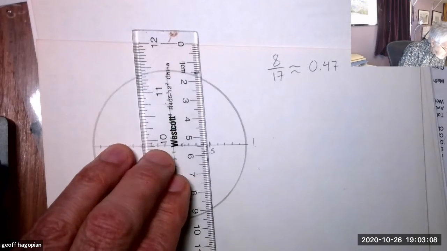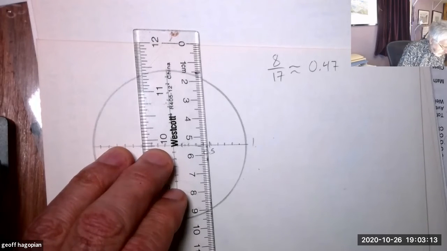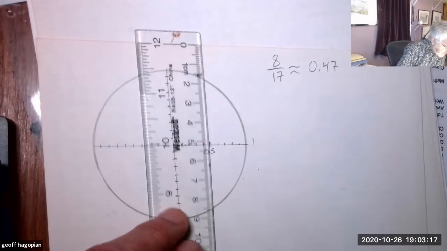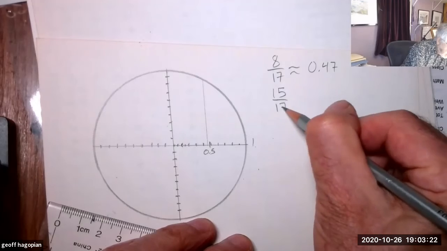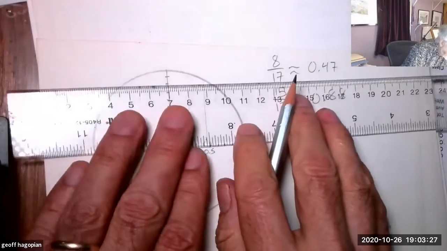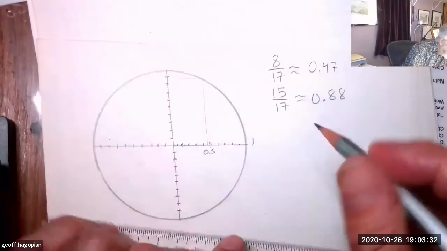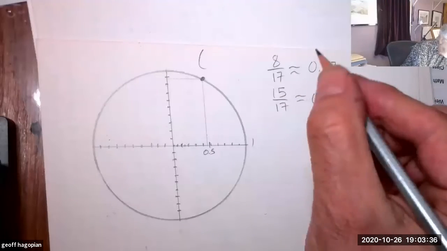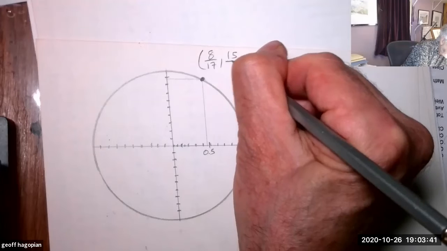If I draw that going straight up from there, I'm going to get to a point there. And 15/17 is about 0.88. And so if I draw this going over, that looks to be pretty convincing, huh? So this is a point on the circle where x is 8/17 and y is 15/17.